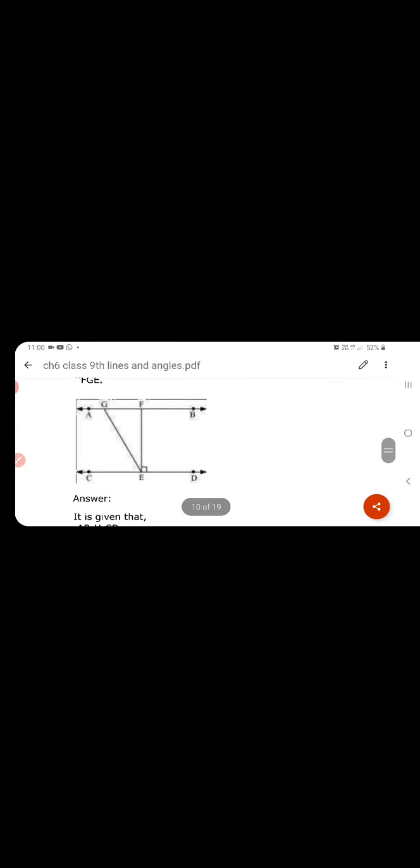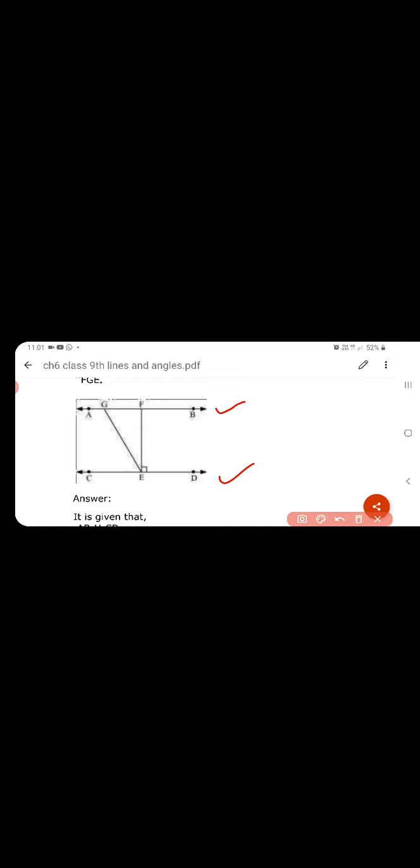First of all, see the figure. This is your figure. What is given? It's given that AB is parallel to CD. This line is parallel to this line. And EF is perpendicular to CD. Now one angle is given, that is GED.